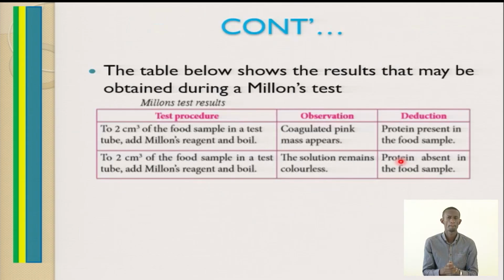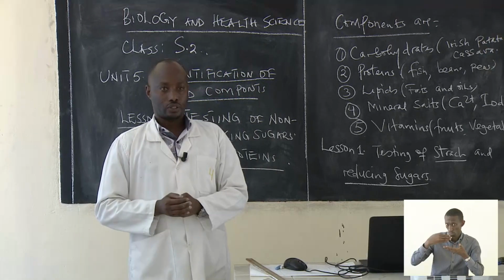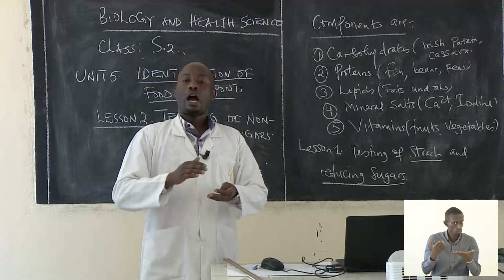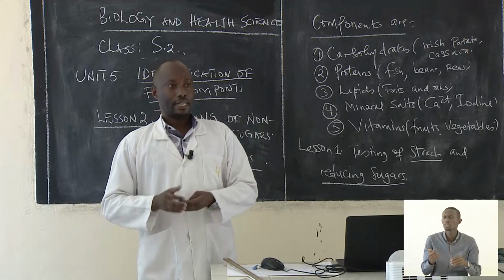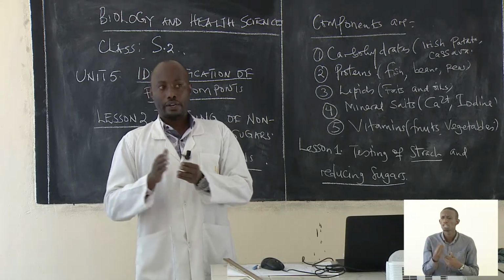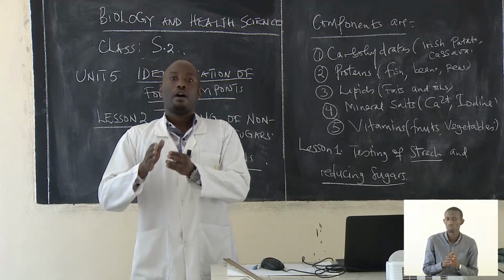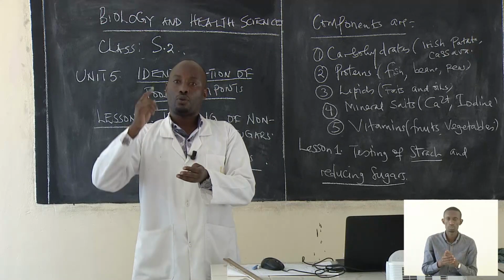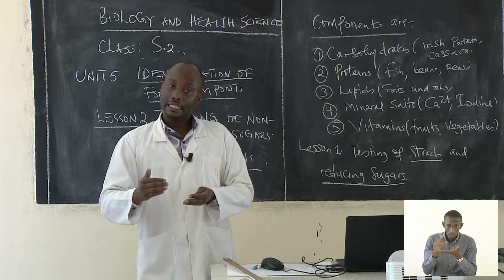Before we go to the assignment, let us remind ourselves what we've discussed today. We have discussed non-reducing sugars. We have talked about how reducing sugars are tested. How do you observe that the food contains non-reducing sugars? I said there is no specific test for non-reducing sugars. We use Benedict's solution, which is a test for reducing sugars, followed by hydrochloric acid.